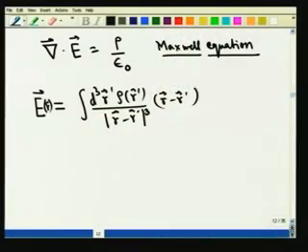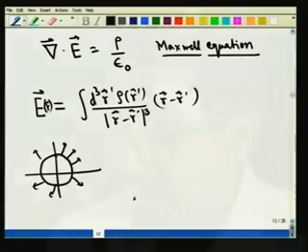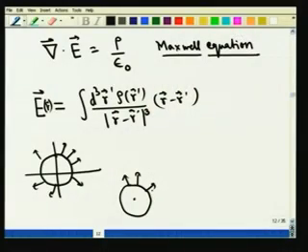What is that? Remember what we said about the field produced by a point charge. How does a field produced by a point charge look like? If I were to locate it at the origin, and if I were to draw a sphere, it would be radially outward everywhere. Take another charged particle, let us say that I locate it here, draw a sphere around this, it will be radially outward everywhere.